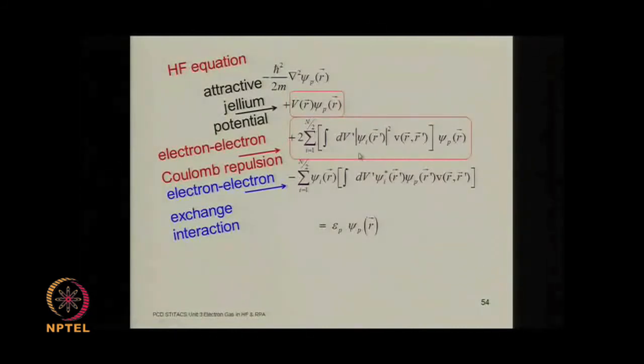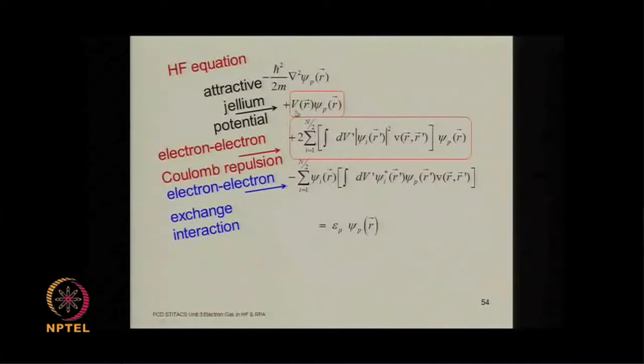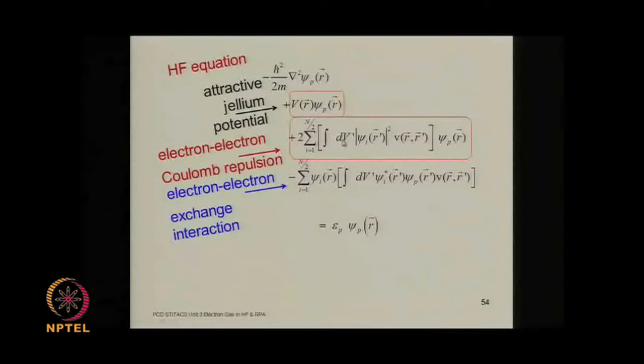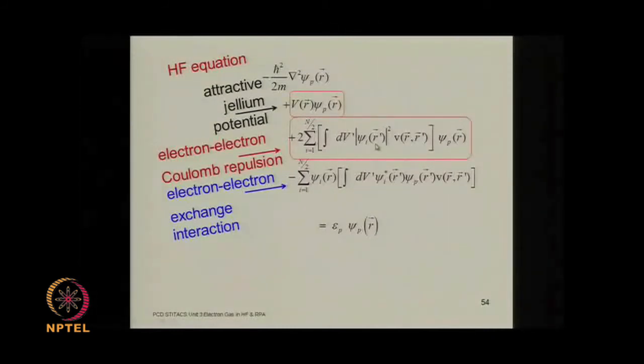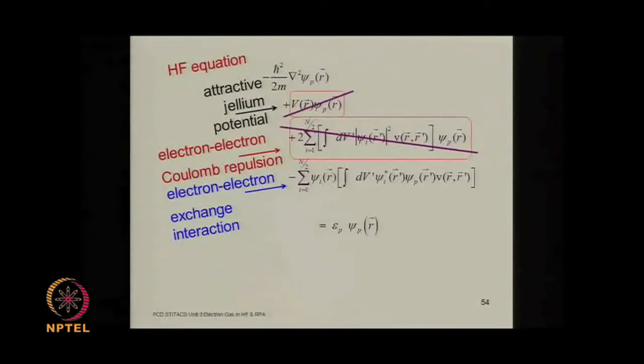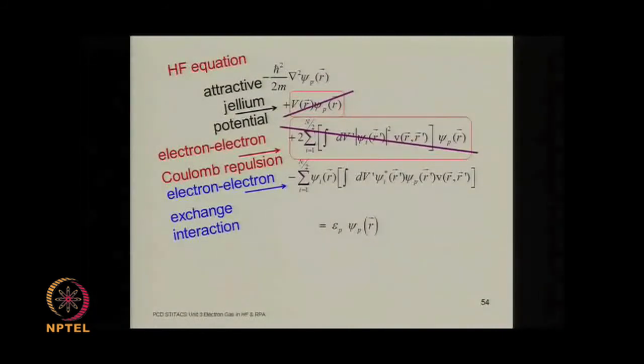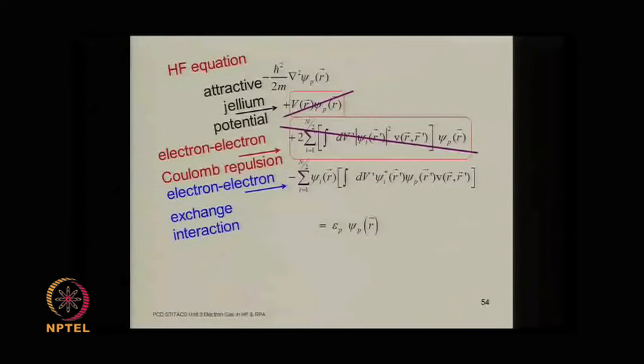They are exactly equal and opposite, because this is smeared out over entire space, this is integration over whole space dV prime, okay, and this has no reason to be anything other than uniform density, and therefore, these two terms will happily cancel each other, exactly cancel each other, there is no approximation here.